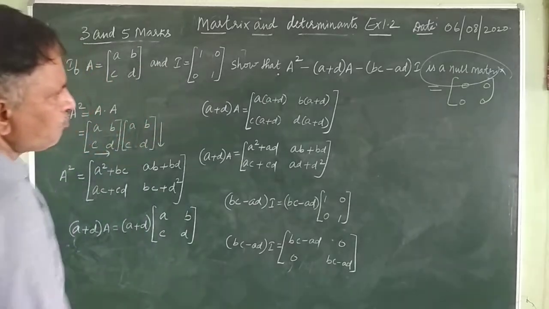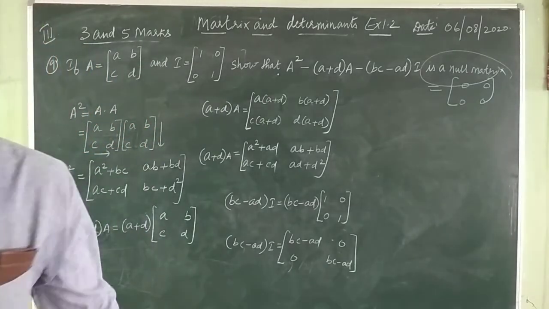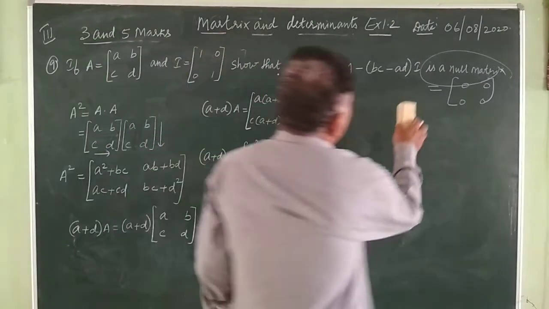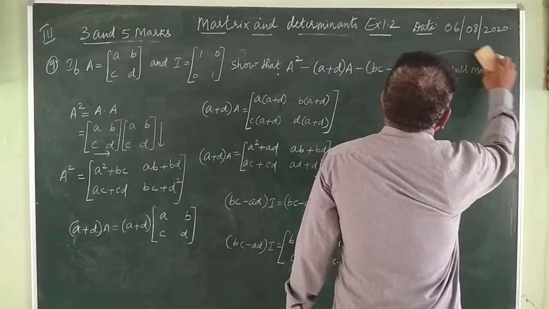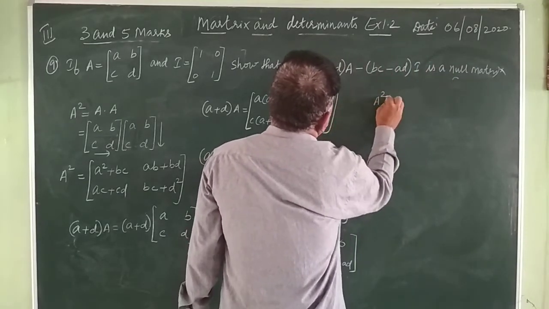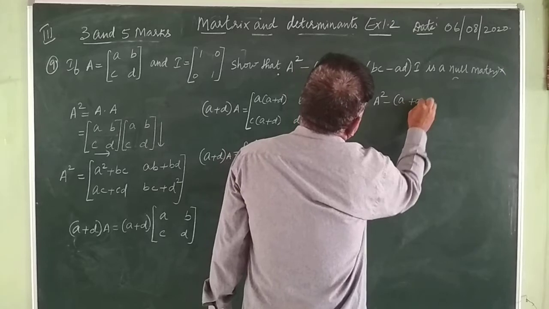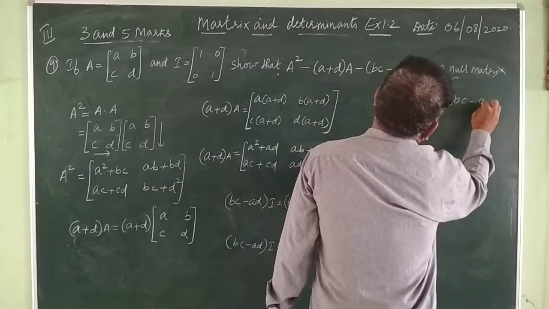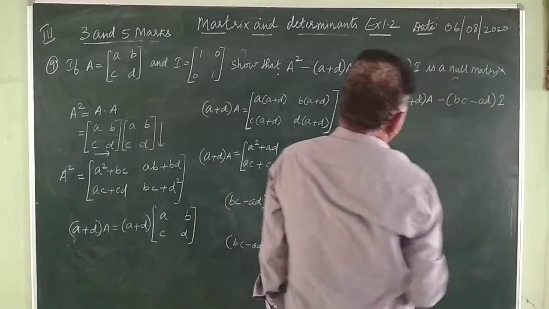Right? Yes. Now, what we are supposed to do is show that A square minus (A plus D) into A minus (BC minus AD) into I is a null matrix.